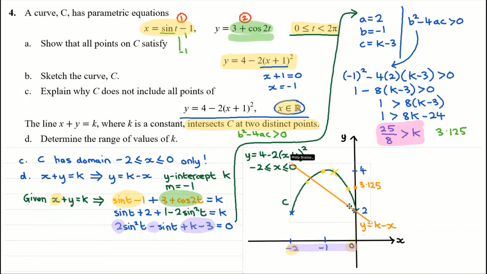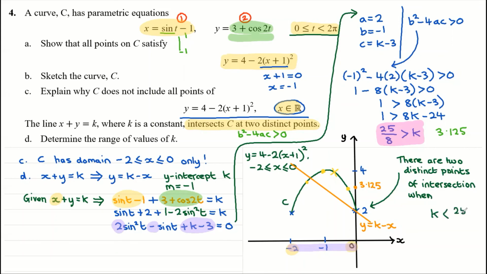So that's the final answer. So the restriction on k, I'll just write in here: there are two distinct points of intersection when, and I hope I've argued this convincingly, k is bound between 25/8, which is the upper bound, where you have that tangent that we saw earlier, but also when k is greater than 2.